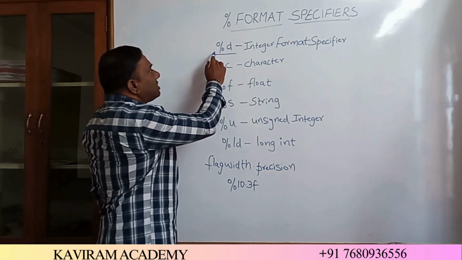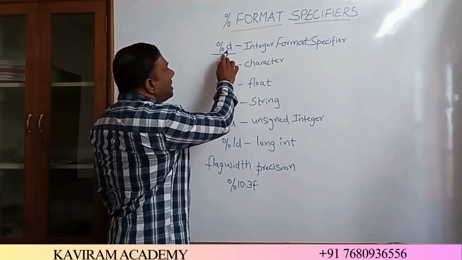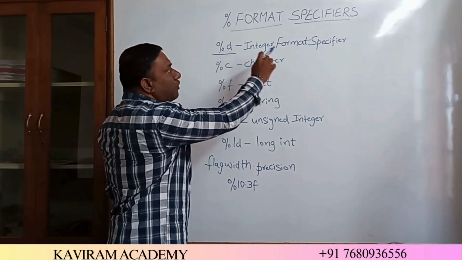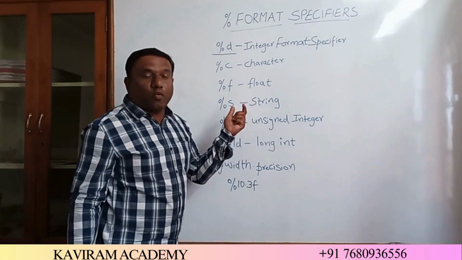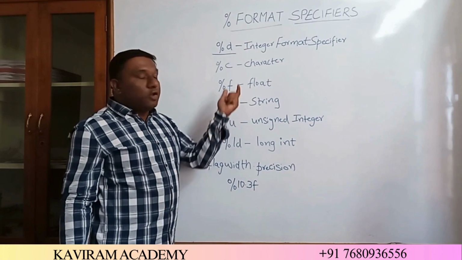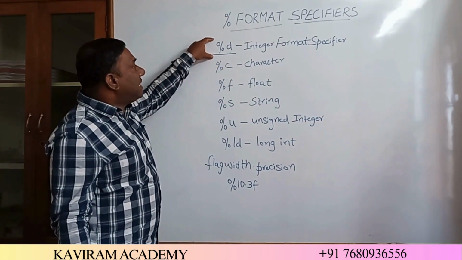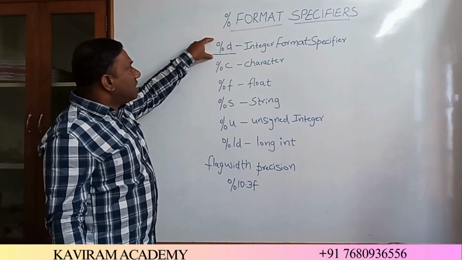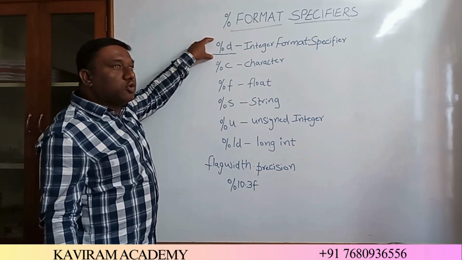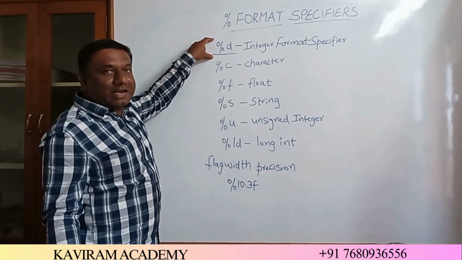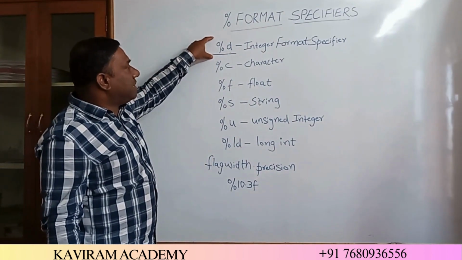The first one is percentage d, your integer format specifier. Whenever you want to print an integer value, we use percentage d. Even in some cases we use percentage i for an integer, but mostly we use percentage d.